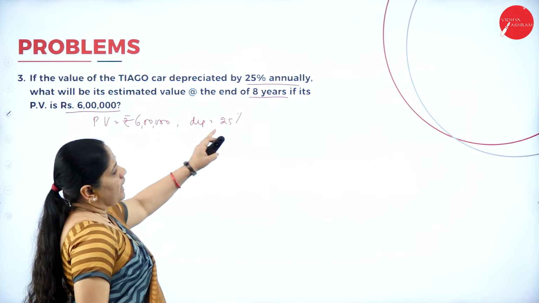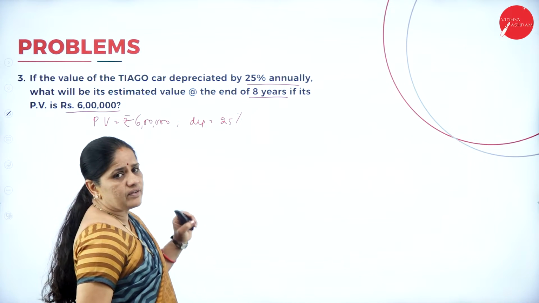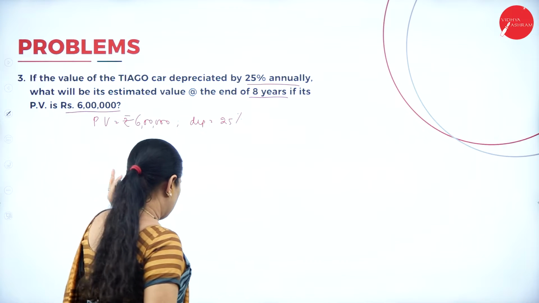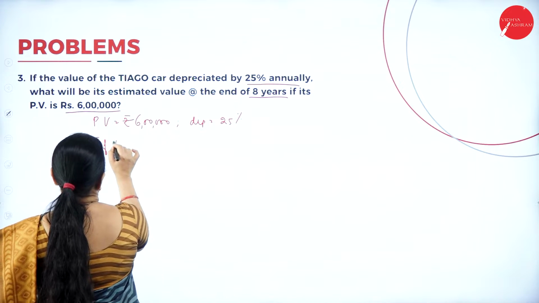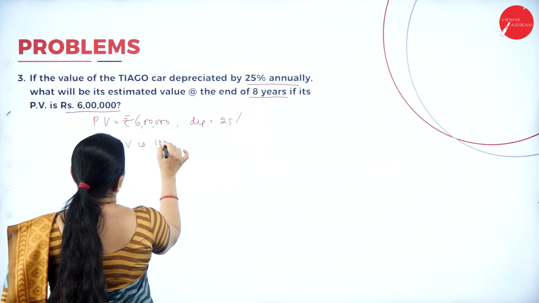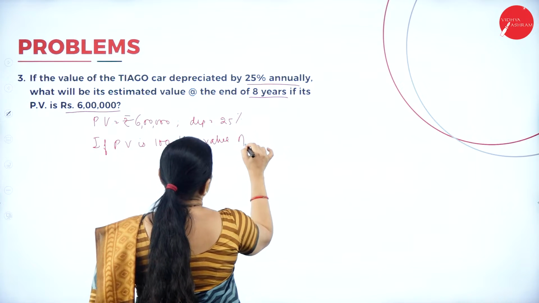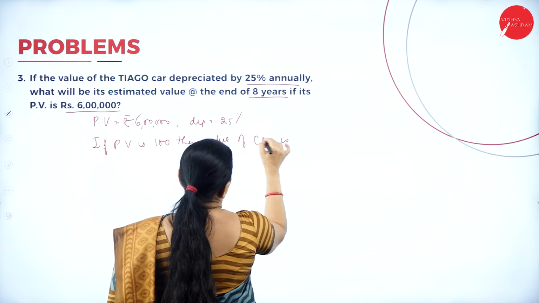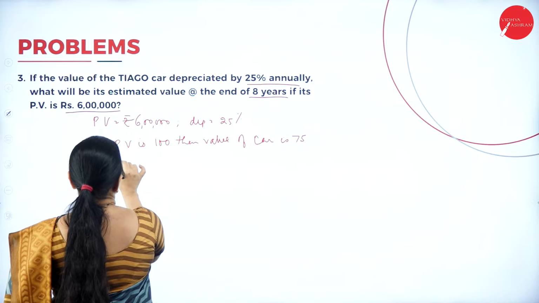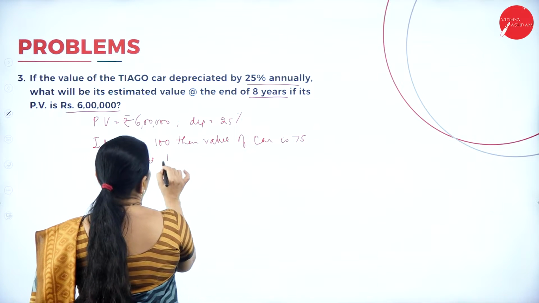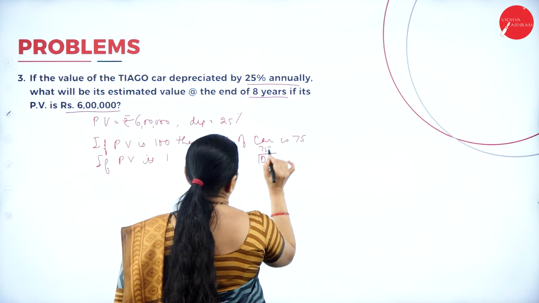Now, if they are having a depreciation of 25%, that means the value of the car will be 75% of the original value. So, I will write if PV is 100, then value of car is 75. If PV is 1, then the value of the car will be 75 by 100.